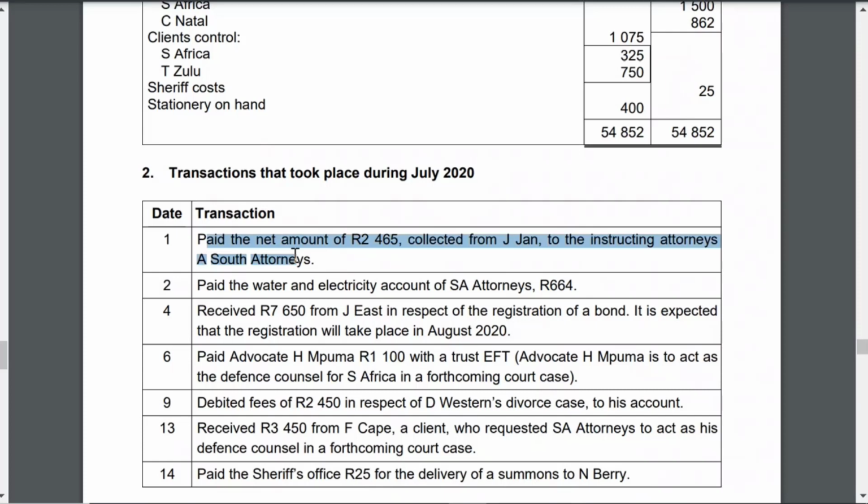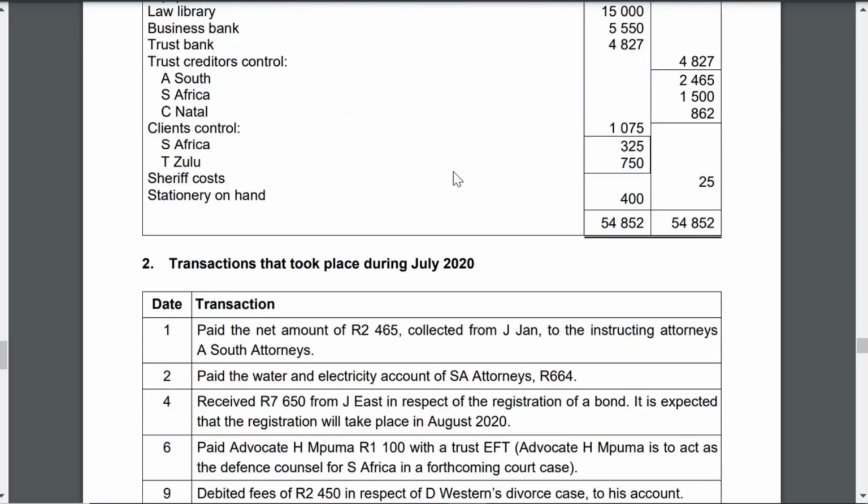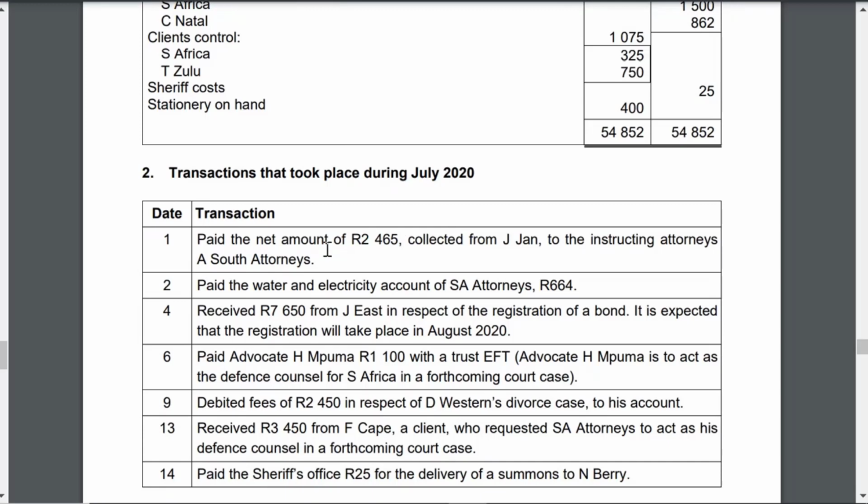It relates to an instruction received from A South attorneys to collect money on behalf of their client. You will understand it in detail when we do correspondence.